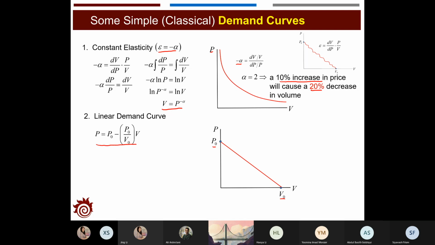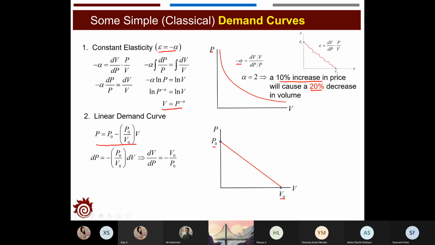In this case, P equals P0 minus P0 divided by V0 times V. When V equals 0, the value is P0. When P equals 0, you can find that V equals V0. So this is the linear demand curve we defined.